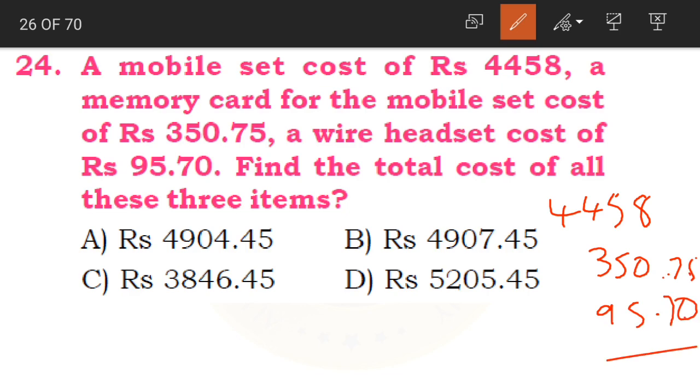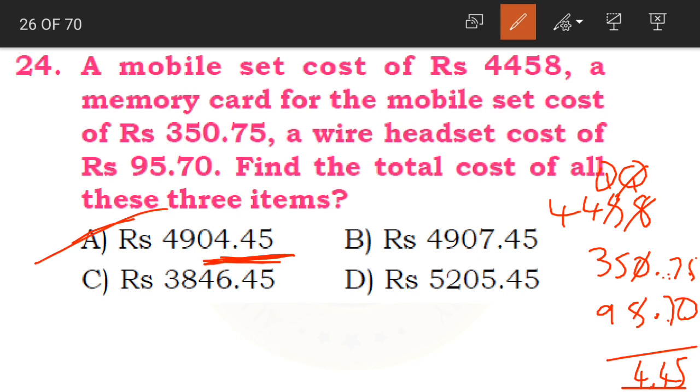95.70. Yes, 5 plus 0, 5. 7 plus 7, 14, 4 here, 1 carried. 8 plus 1, 9. 9 plus 0, 9. 9 plus 5, 14. See, here we are having a point, right, children? So we need to write it in the sum as well after 2 digits. Now 4 here, 1 carried. Now from the given options, only option A has 4.45 in the last 3 digits.